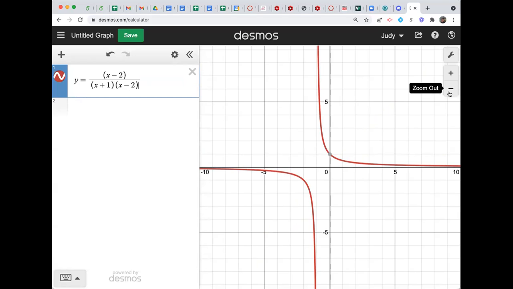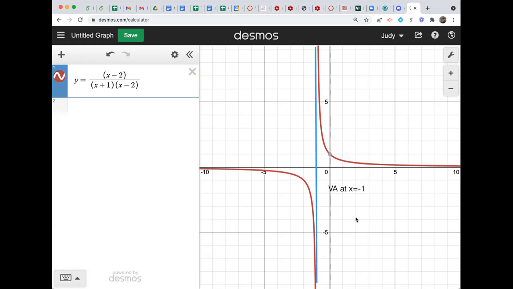Now, if we look, we should see a vertical asymptote at x equals -1, right? And I think I can annotate on my own screen here if I can find it. Right, that right there is our vertical asymptote at x equals -1. That blue line that I just dashed in, that's our vertical asymptote.